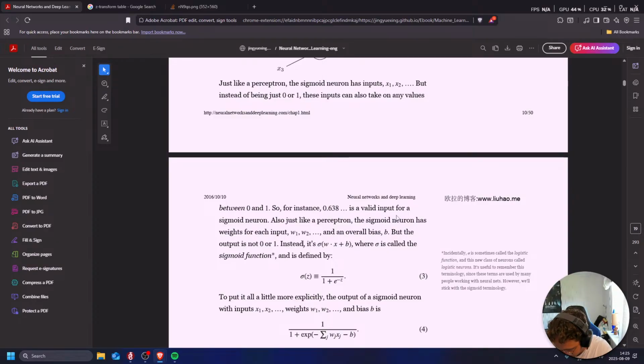This is a very interesting way to write this. This equal sign here is actually saying that it's proven to be equal to this. So it's 100% equal to this equation in terms of mathematics.